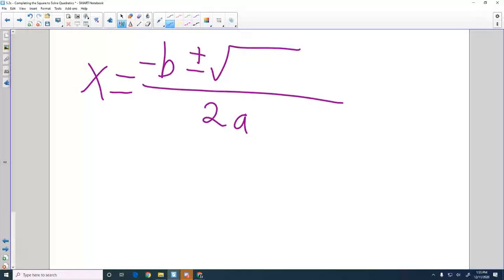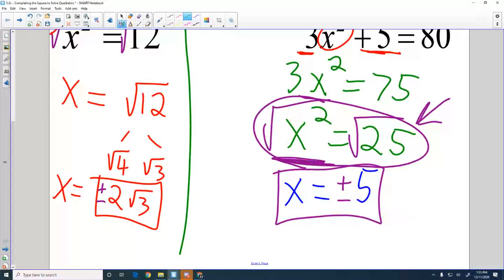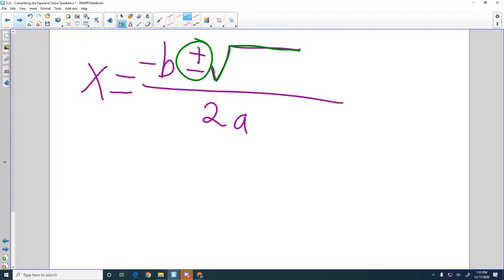But now, do we know why? Why does there need to be this symbol? Because when you take a square root of something, you have to consider both the positive and the negative version of it. So that right here, this reason of square rooting a variable, you get those positive and negative options. That's why there's that plus or minus in front of the square root in the quadratic formula.